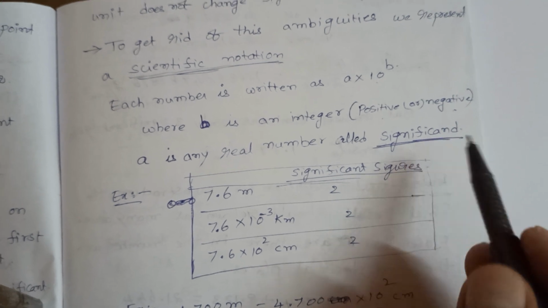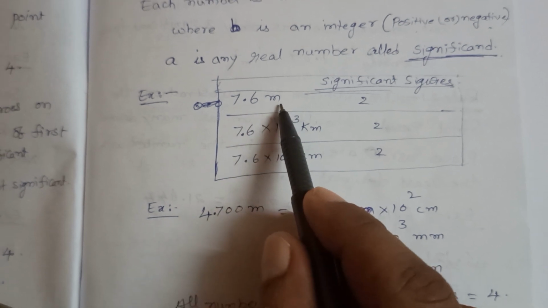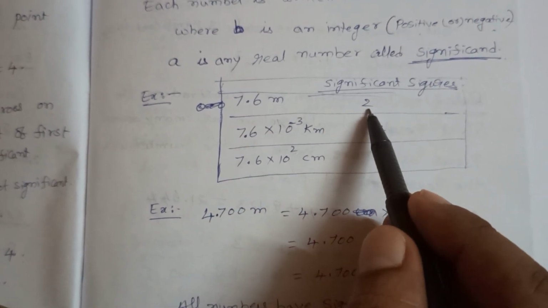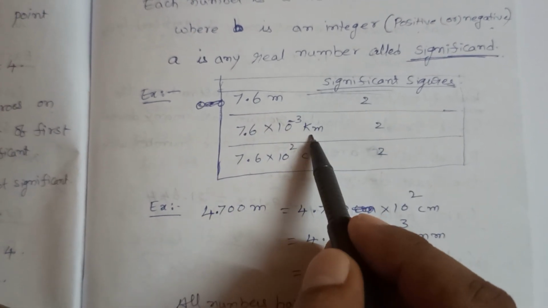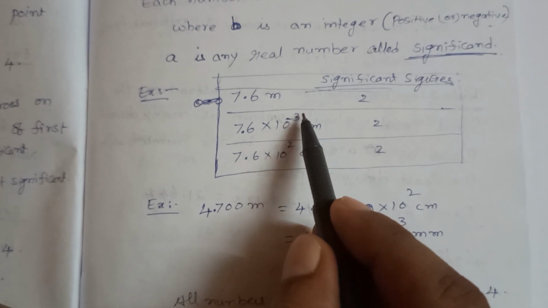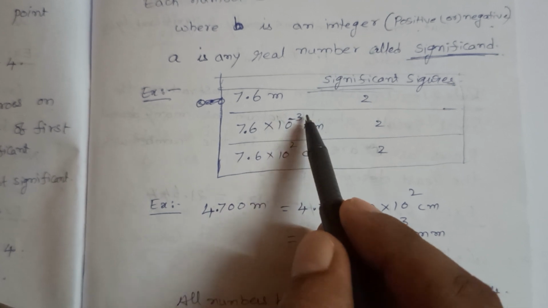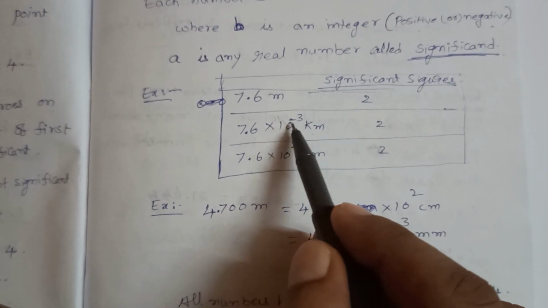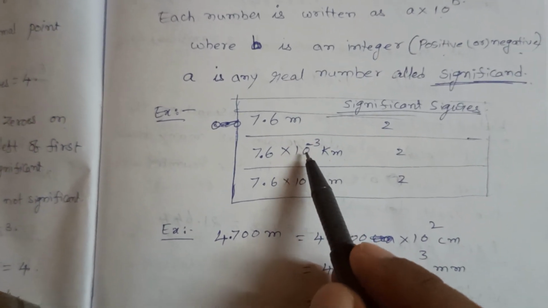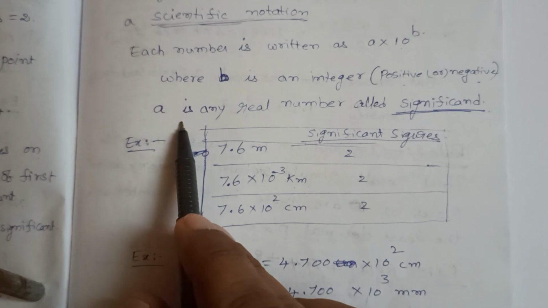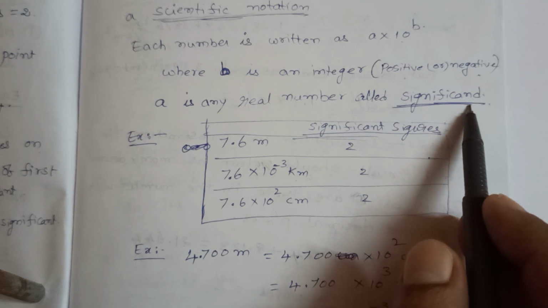Now in this significand, for example, consider 7.6 meters. Number of significant figures 1, 2, 2. If you convert meters into kilometers, 7.6 into 10 power minus 3 kilometers. Once again, you cannot consider the power of ten for counting the significant figures. Only a is a real number and this is the significand.